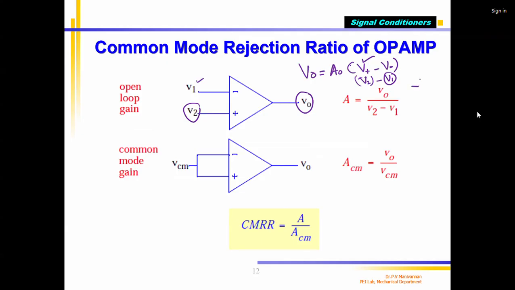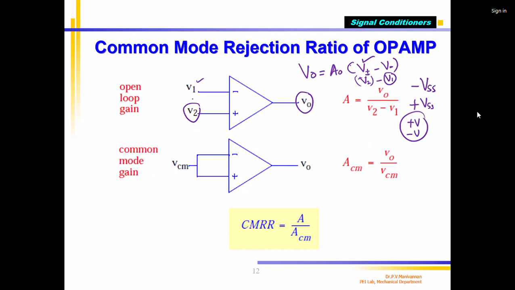Please note that the supply voltage is given like this, plus VSS, minus VSS, or plus V, minus V. This is the supply voltage. Input voltage is always subscripted on the right side, correct? So this is the non-inverting input, plus means non-inverting, minus is the inverting input. That I am representing here as V2 and V1 to explain to you.